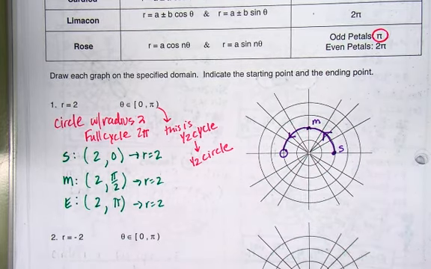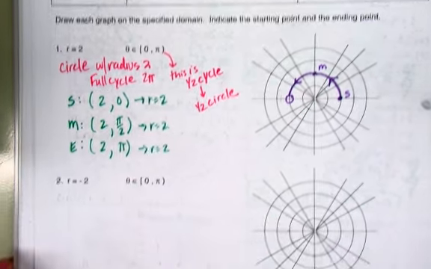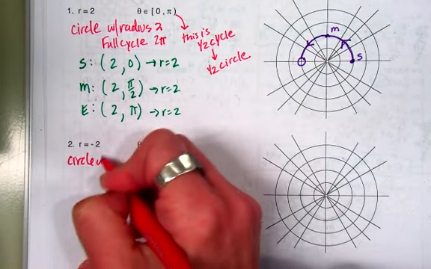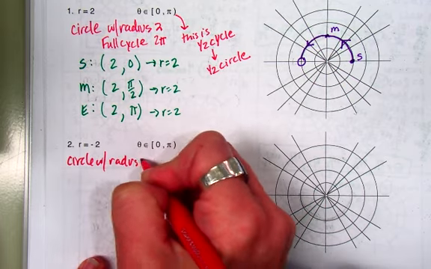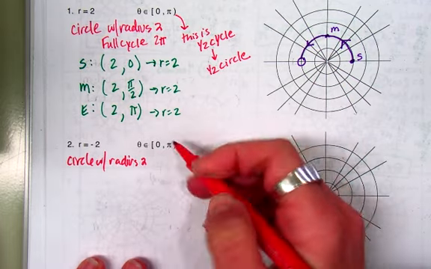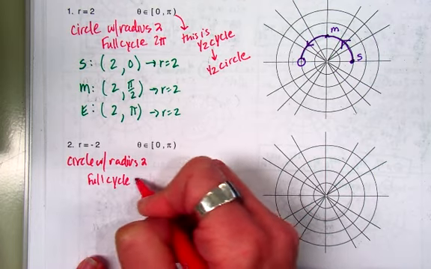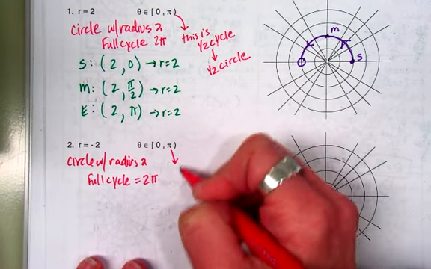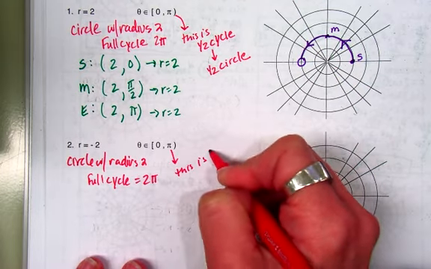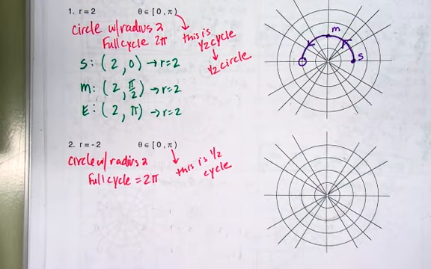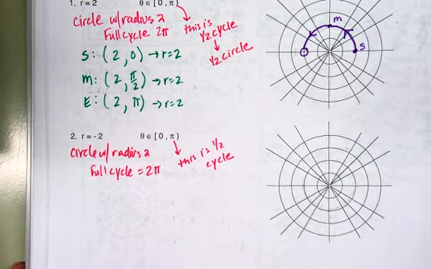For r equals negative 2, example number 2, again, it's going to still be a circle with radius of 2. And so the full cycle is still, according to our chart, going to be 2 pi, which means this is, again, a half cycle. But we're going to pick those 3 points to see which part of the half circle it is.